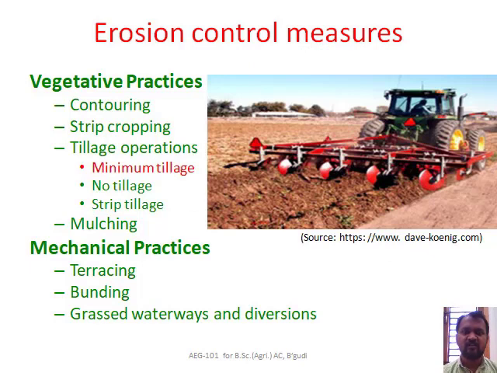Next are control measures coming under the various tillage operations we perform on agricultural land. First is minimum tillage. Without disturbing much soil, we can grow the crops and save the soil from erosion.